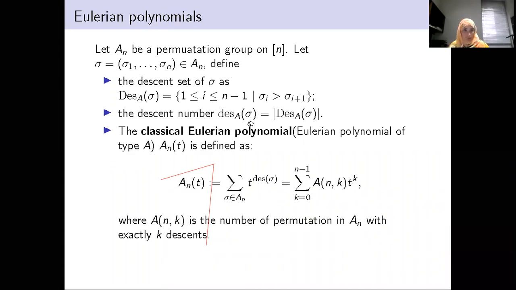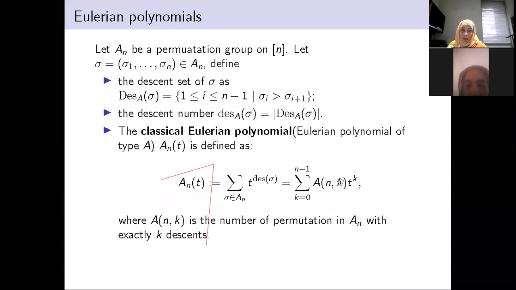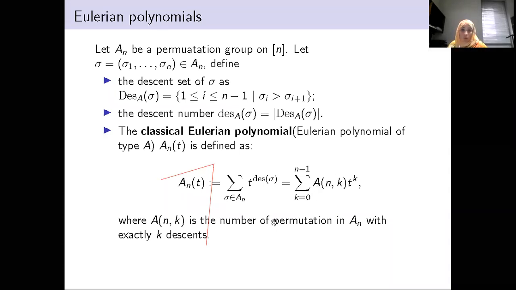If you have this definition, then you can come up with the classical Eulerian polynomial. The Eulerian polynomial of type A is just encoding this data: these coefficients are the generating polynomial of the permutations counting the descent numbers. So A n,k is just the number of permutations in S n with exactly k descents, right?